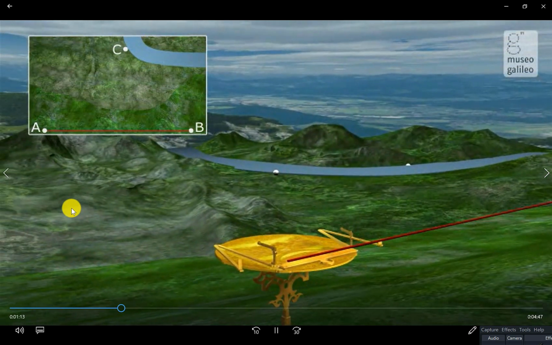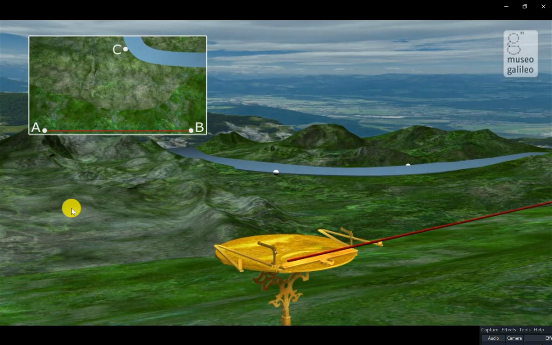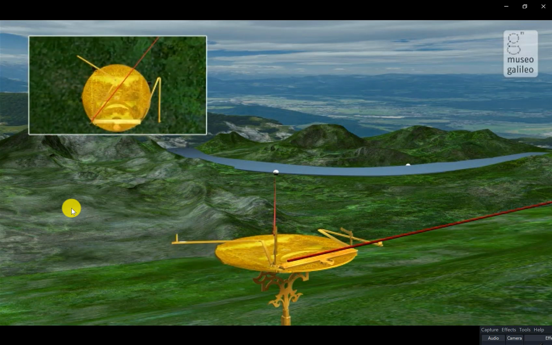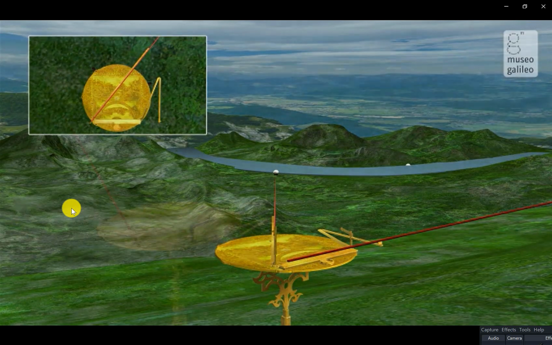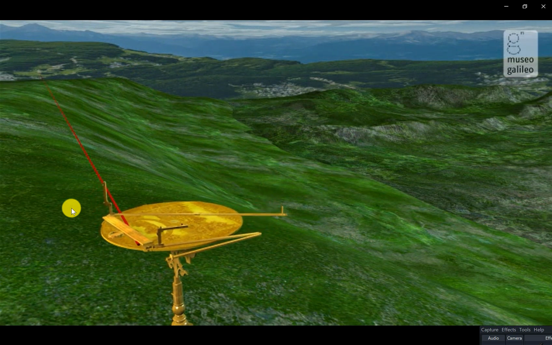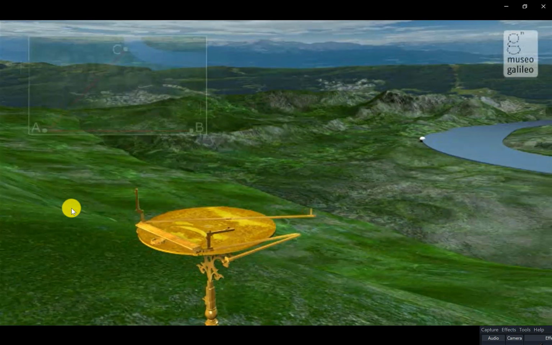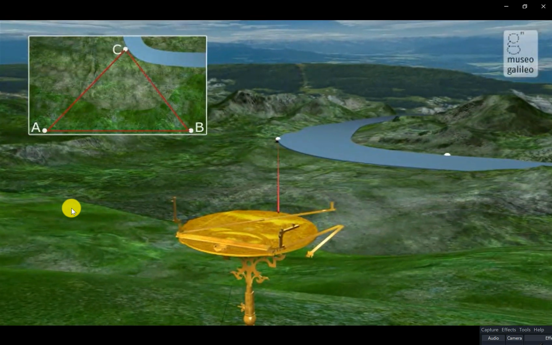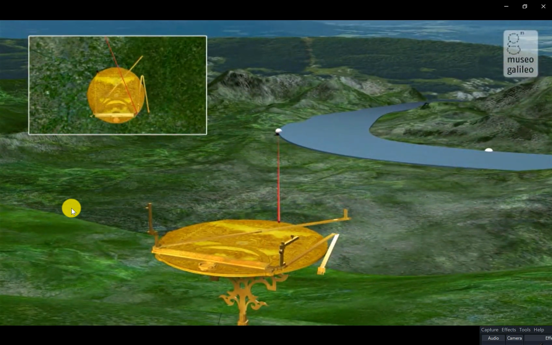The surveyor, standing at the first station, sights a point on the river's bank through the sighting device on the arm at the left end of the sliding bar. This arm is blocked before moving the instrument to the second station. From this new station, the surveyor aligns the sliding bar with the first station and sights the same point on the bank through the sighting device on the right arm.